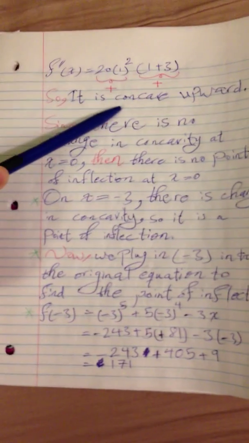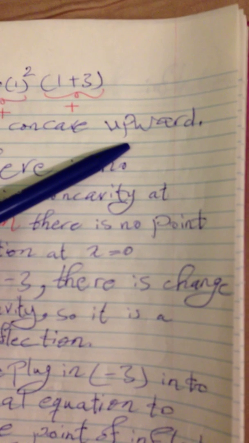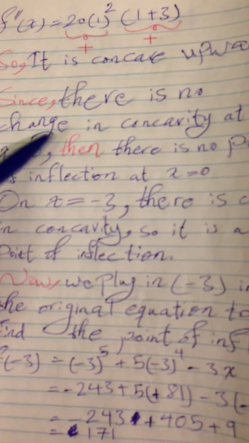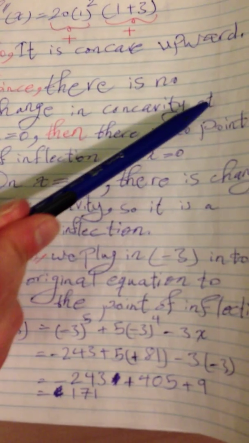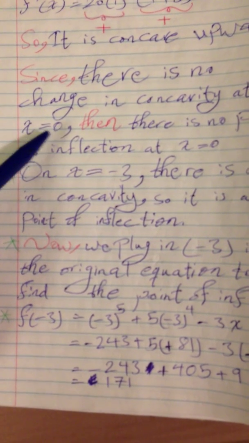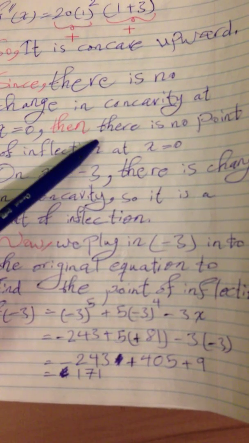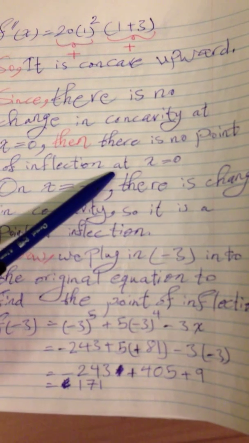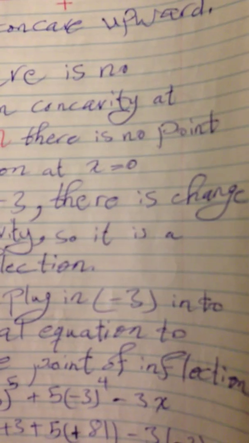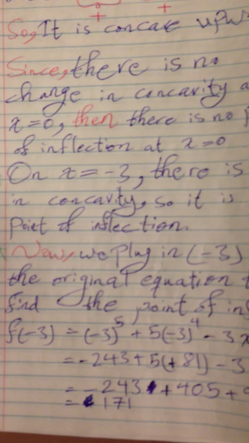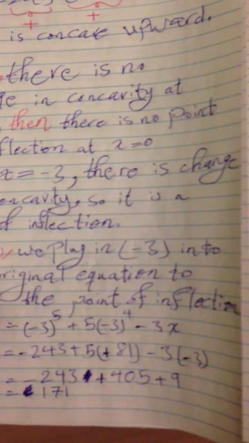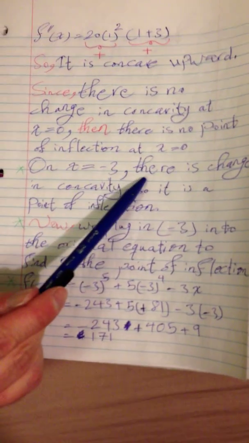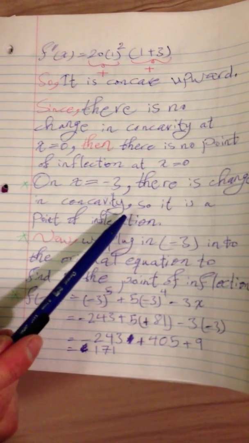So it is concave upward. Since there is no change in concavity at x equals 0, there is no point of inflection at x equals 0. But at x equals negative 3, there is a change in concavity.